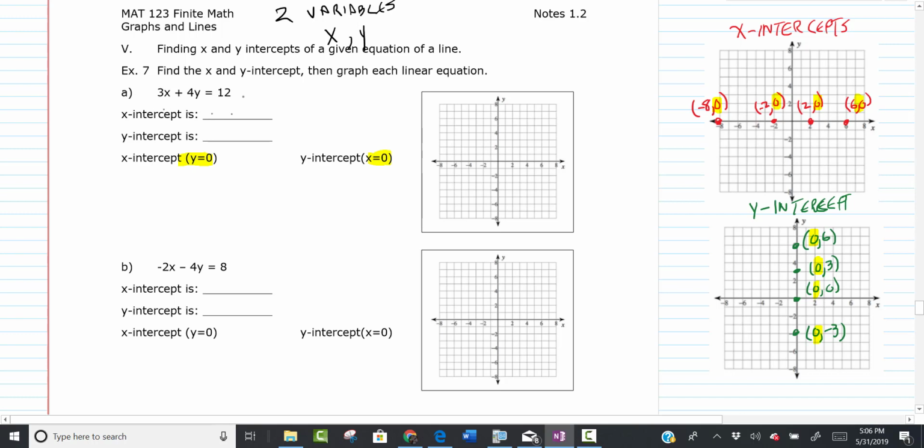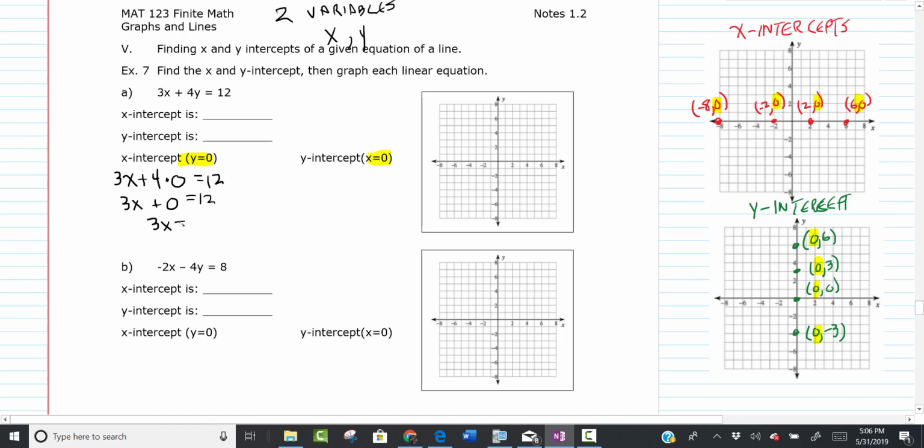We're going to take this equation, and to find the x-intercept, we're going to let y be 0. So we go 3x plus 4 times 0 equals 12. We solve that equation. That would be 3x plus 0 equals 12. You can do that step in your head.